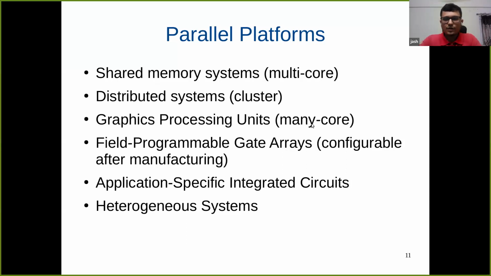And a distributed system you can use in combination with the shared memory system and GPU to get better performance. As a cluster, you can do much better with a cluster of multi-core as well as many-core systems. I hope I made it clear, or did I make it more confusing? Yes, yeah, I got the ideas.